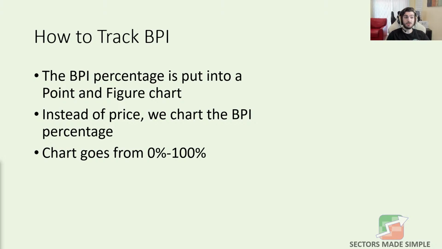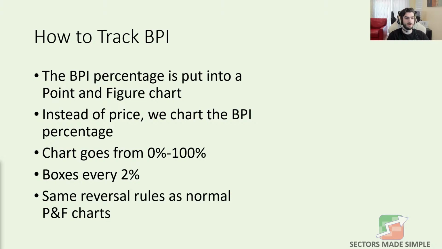Because point and figure uses boxes, we need a box size, and our box size, unlike a stock, where the box size is usually somewhere around 1, is going to be every 2%. For our columns of X's and our columns of O's, we're going to use the exact same 3-box reversals.